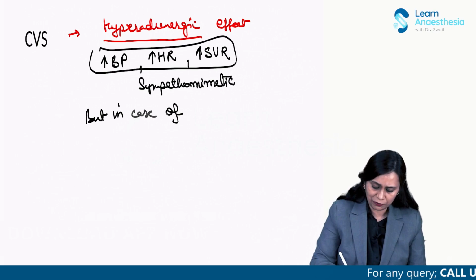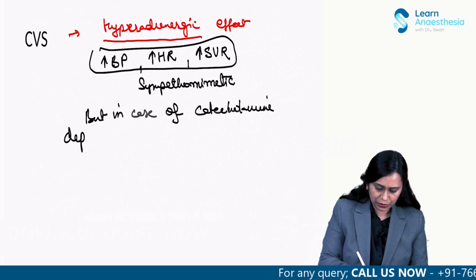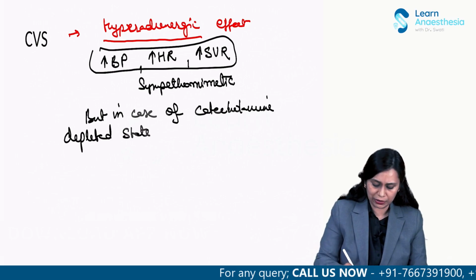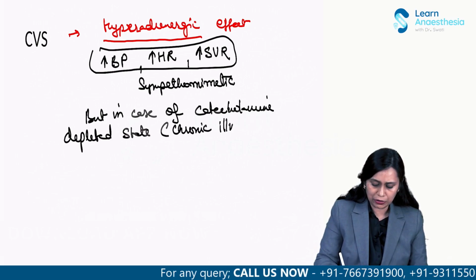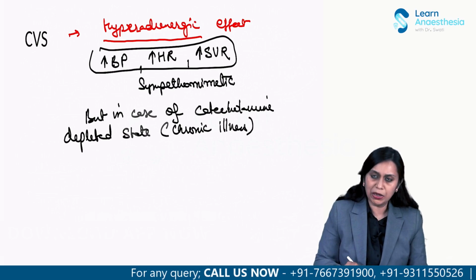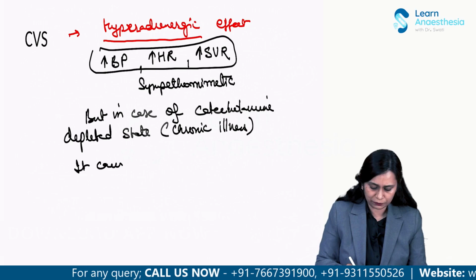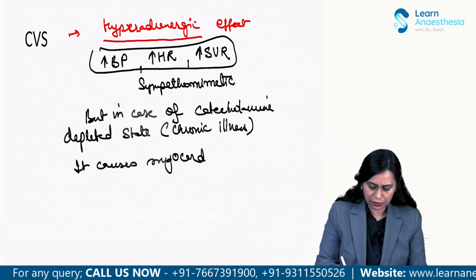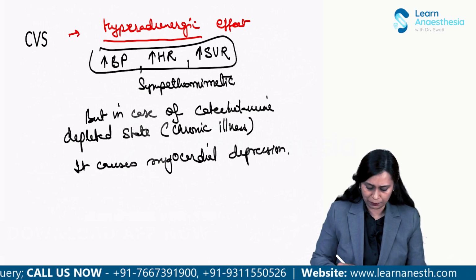In a catecholamine depleted state, which happens in chronic illness, it produces myocardial depression. So, you know, in pure form, it causes myocardial depression.